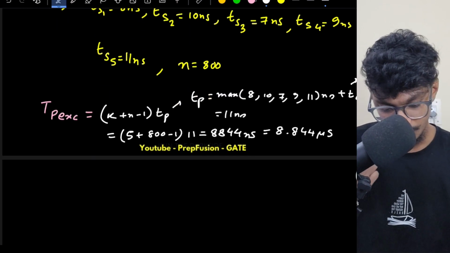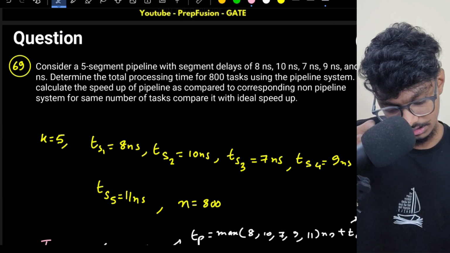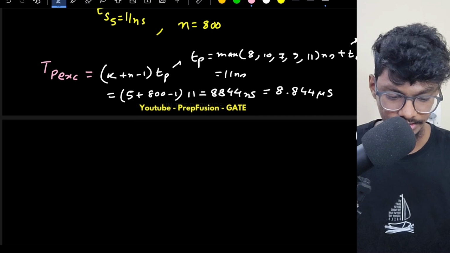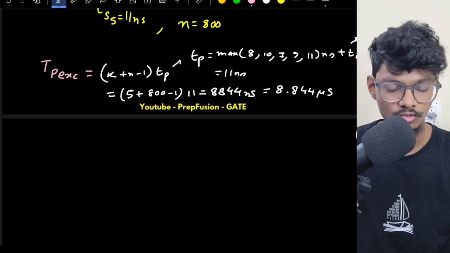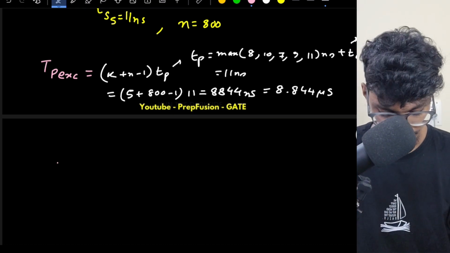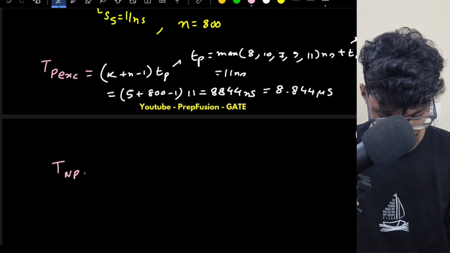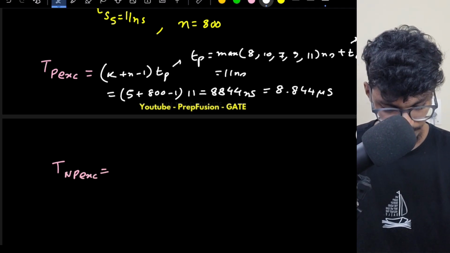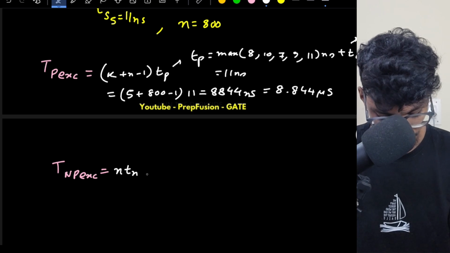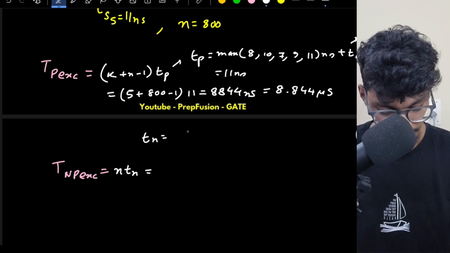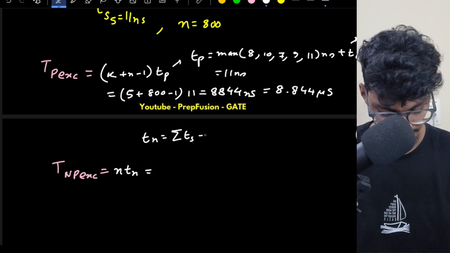Now what about the non-pipeline system? If I have a non-pipeline system, how much time will it take me to execute the same number of tasks? So T_NP execution will simply be n times Tn. Now what is Tn? Tn will be the sum of all the stage delays, or the segment delays.